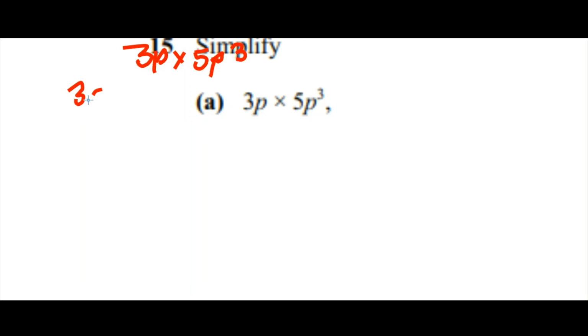So it's going to be 3 multiplied by 5, then since we have a common base number p, pick p. p raised to power 1, then this multiplication sign changes to addition, so plus p raised to power 3. So 3 times 5 is 15, and it's going to be p raised to power 4.